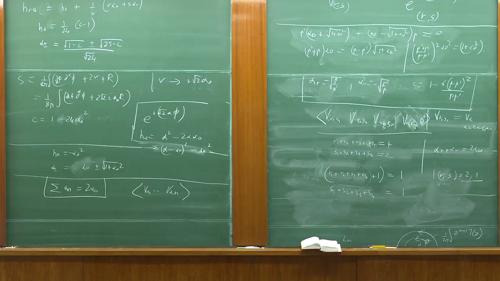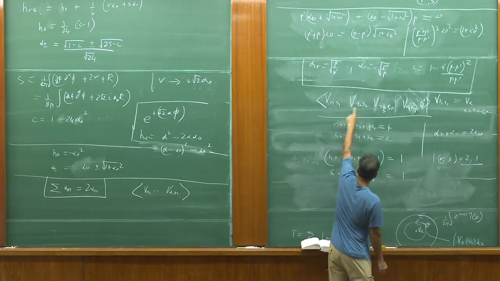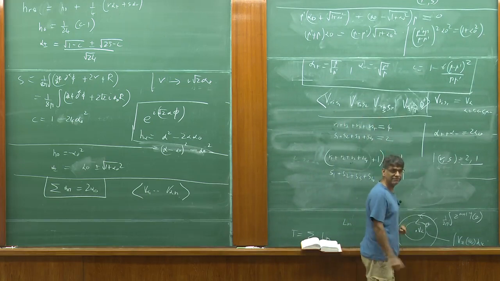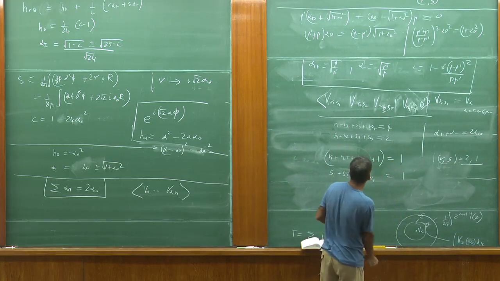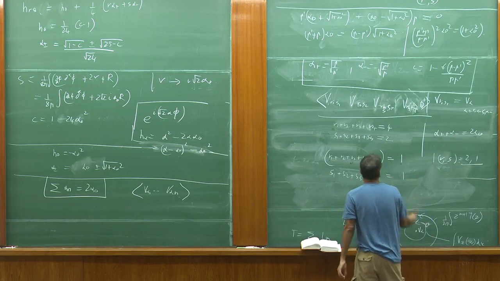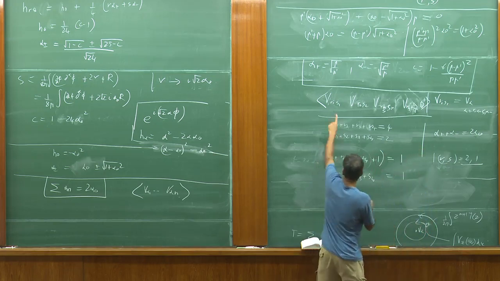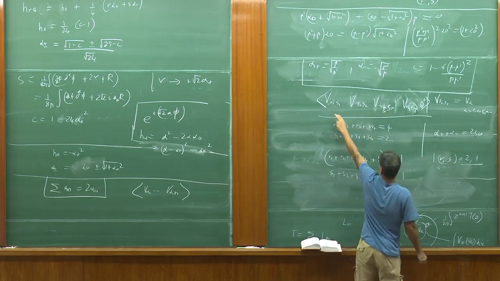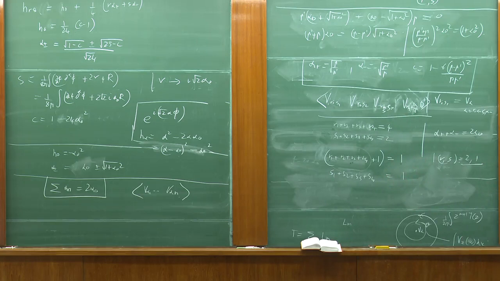Now what we're going to do is construct this correlation function in the following way. What's really important is that we set these 3 guys, the ones at 1, 3, and 4, to be at 0, 1, and infinity. So there are 2 guys that we've not set to special places.